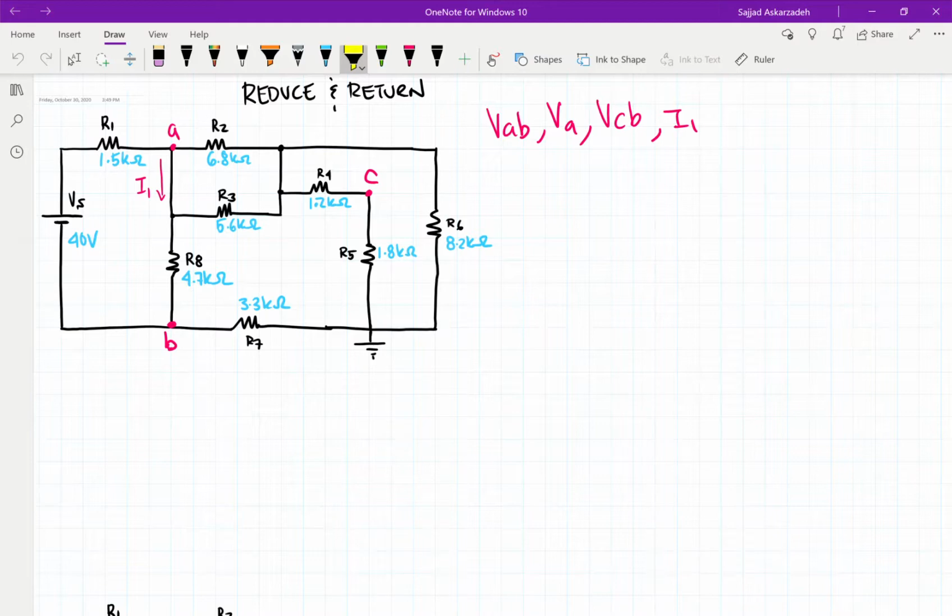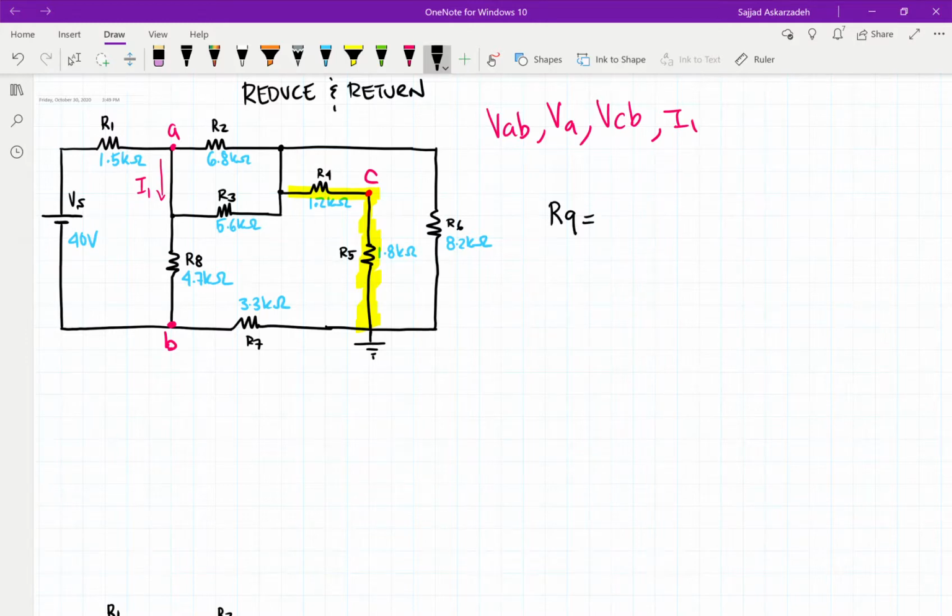Here we have R4 and R5 in series. We're going to combine these two. The biggest resistor name that we have here is R8, so our next resistor would be R9.